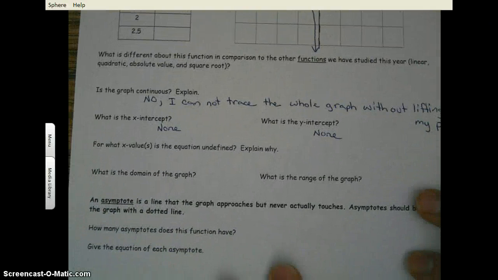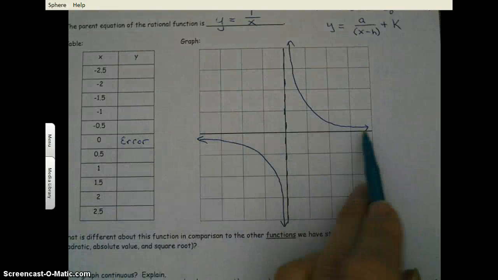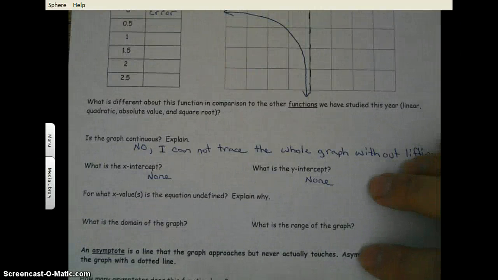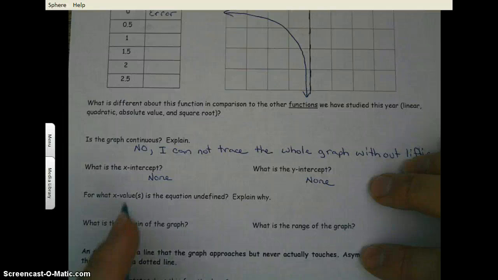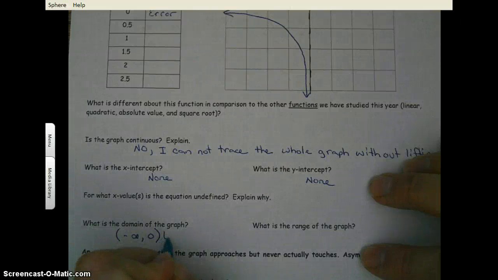What is the domain of the graph? Well, it goes left infinitely and it goes right infinitely, but it jumps over what number? 0. So we want to write two intervals. It looks like I skipped a question, I'll go back. One interval going from negative infinity to 0, but not including 0. Then we'll use the U for union, meaning there's another one.